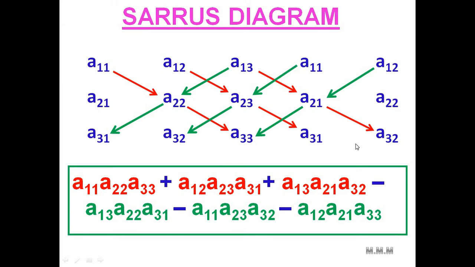C1, C2 have been written here again, and we start with the positives, all three positives arranged in that way. All will be positive, and the green, all three numbers will be negative. We can find the value of a matrix of order 3, or associate the matrix to a number, in this way. It's known as the Sarrus diagram.